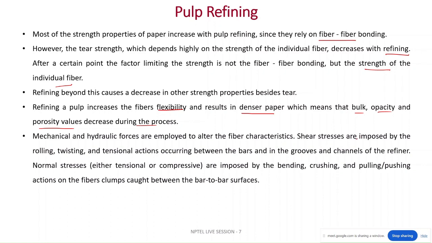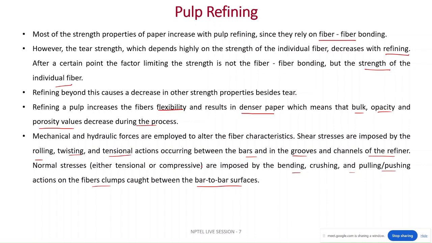The shear stresses are imposed by the rolling, twisting, and tensional actions occurring between the bars and in the grooves and channels of the refiner. Normal stresses, either tensional or compressive, are imposed by the bending, crushing, pulling, or pushing action on the fiber clumps caught between bar-to-bar surfaces.